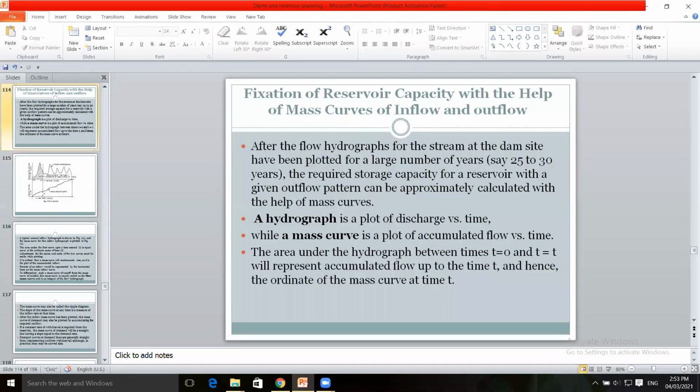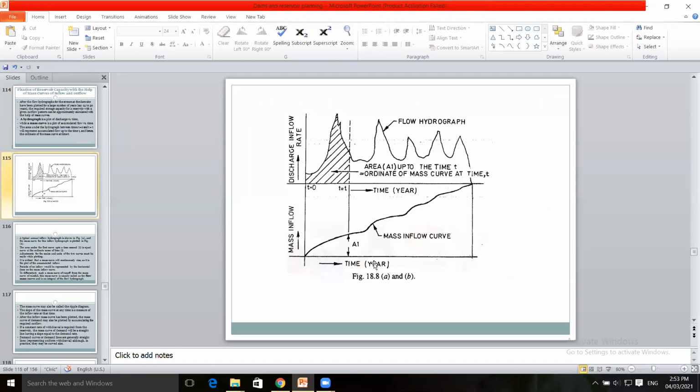The area under the hydrograph between time t0 equal to 0 and t equal to t, for example 10 years, will represent the accumulated flow up to the time t, and is the ordinate of the mass curve at time t, which indicates the mass curve of inflow. How much inflow there is, A1, on this mass inflow curve for the time 10 years, the mass inflow will be equal to A1.